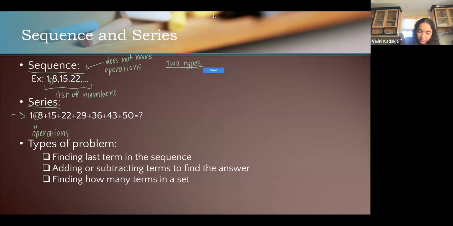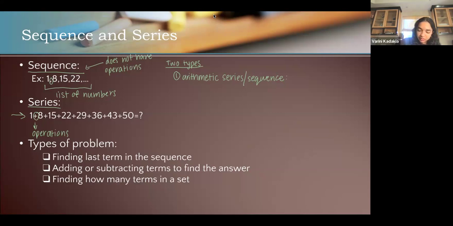One of them is called an arithmetic series, or sequence. Basically, these sequences are made up of a common difference that you add to the first term.